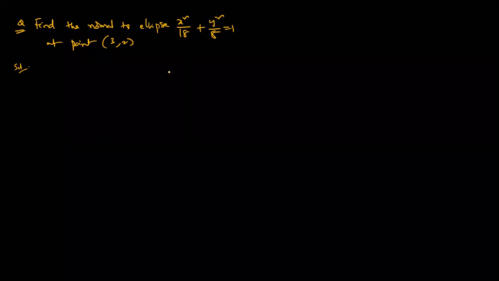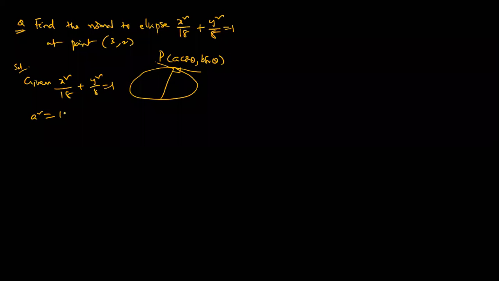First of all, how to choose any point in parametric form on this ellipse? Anyone? What is the equation of the normal? First of all, how to choose the point? a cos theta comma b sin theta, that is P. So here, given the equation of the ellipse, a is greater than b, a square is 18, b square is 8, so the point P is 3 root 2 cos theta, 2 root 2 sin theta.